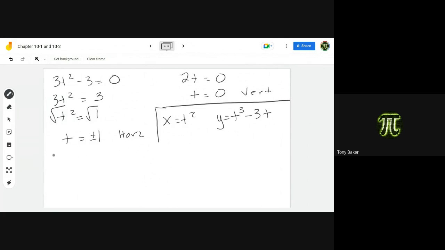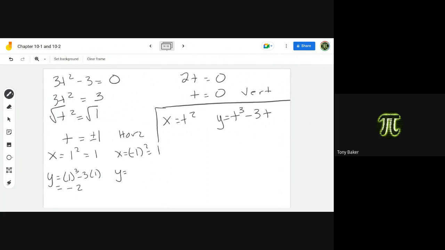So horizontal, I've got x equals 1 squared, which is 1, and x equals -1 squared, which is 1. And for my y, I've got 1 to the third minus 3 times 1, which is -2.